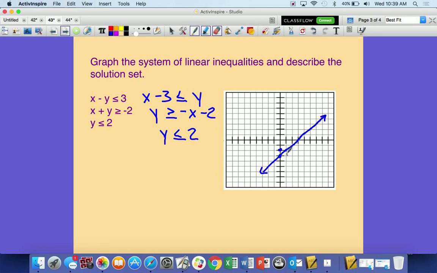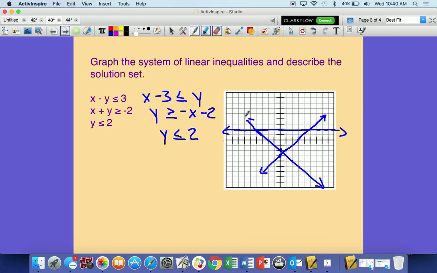Our slope is -1, so that's coming down this way. And then our y is less than or equal to positive 2. That is going to be going straight across here. Okay, all of those are equal to, so we can leave them as solid lines.